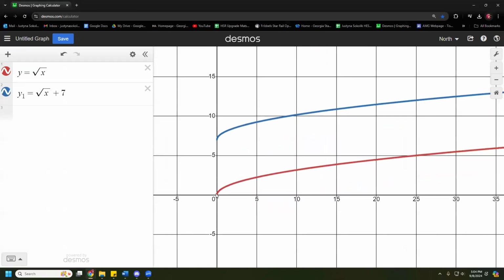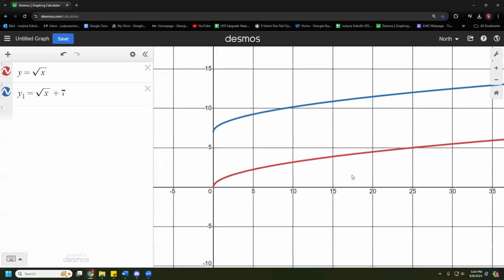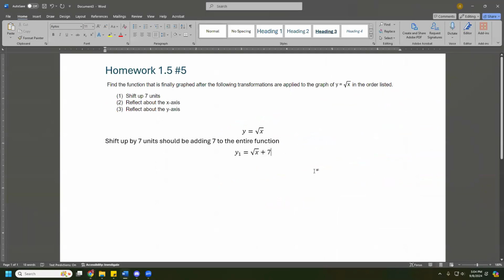Sure enough, it looks like my entire picture just got scooped up and pushed up 7 units. So this is exactly what I wanted to see. This originally came from the table. This is how you do a vertical shift. You just add a number to the end, and we can see visually that it does. Okay, so that confirms what we were doing here.